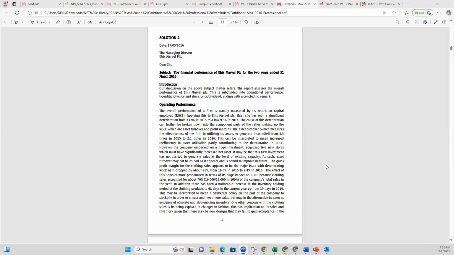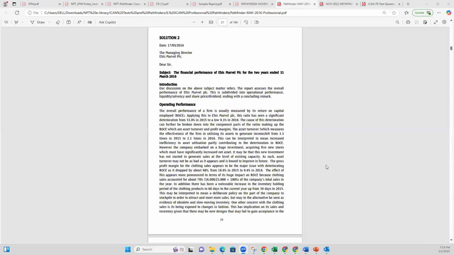In addition, there has been a noticeable increase in the inventory holding period of the clothing products to 68 days in the current year, up from 39 days in 2015. This may be interpreted to mean a deliberate policy on the part of the company to stockpile in order to attract and meet more sales, but may in the alternative be seen as evidence of obsolete and slow-moving inventory.